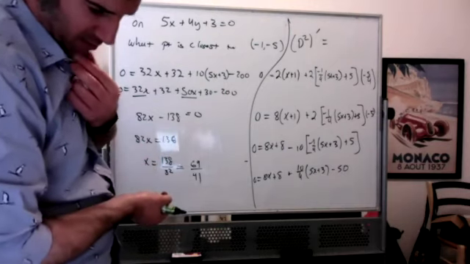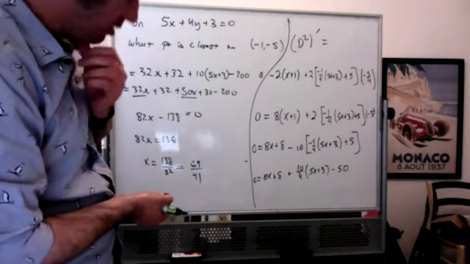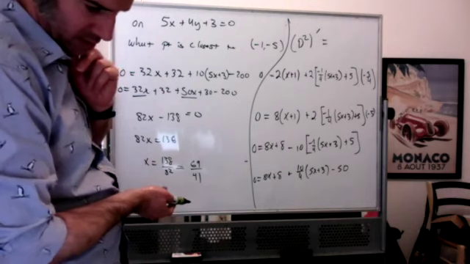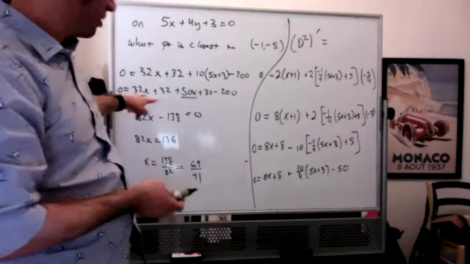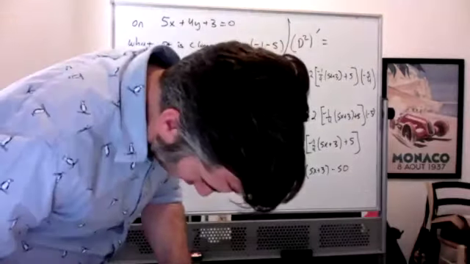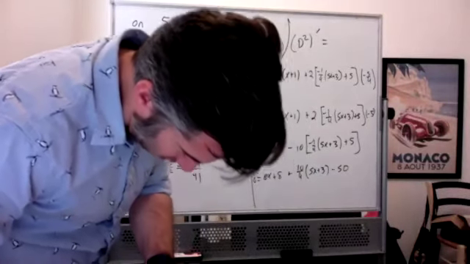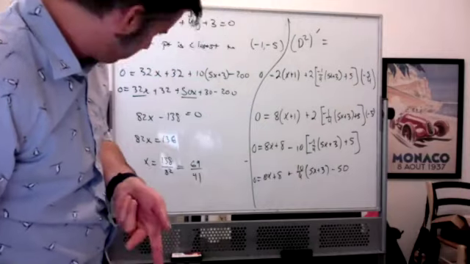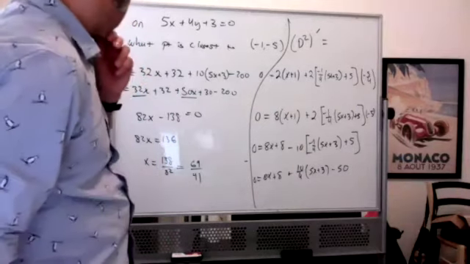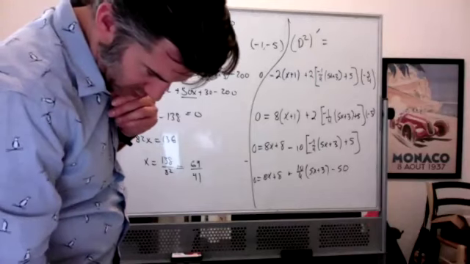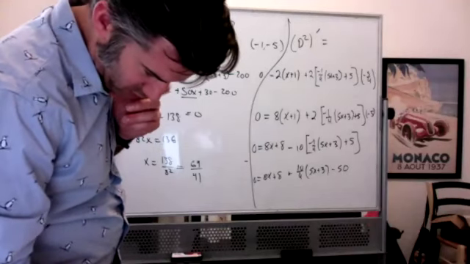I got something different in my notes here. What mistake did I make here? Let me double check real quick just so I'm not doing something stupid. That looks right. Did I make a mistake in my notes? Let me double check. I just don't want to be telling you guys the wrong thing. Sorry, one moment here.